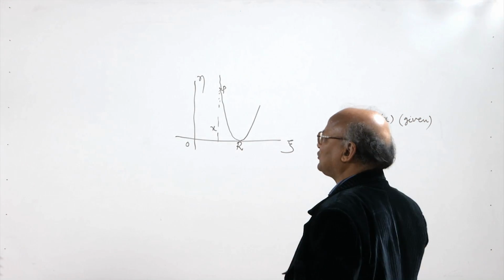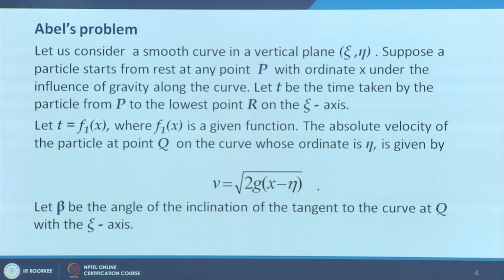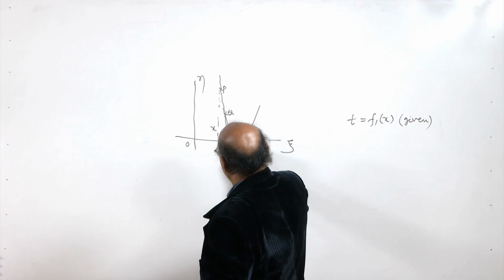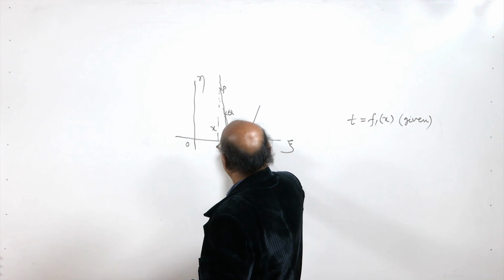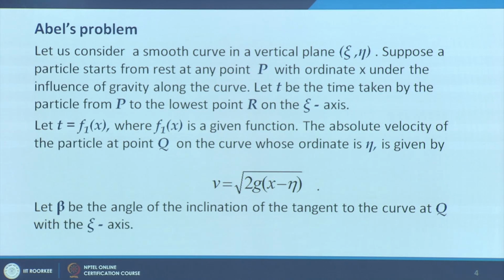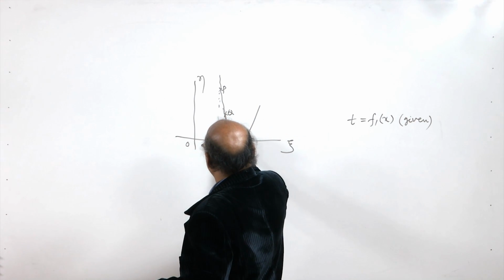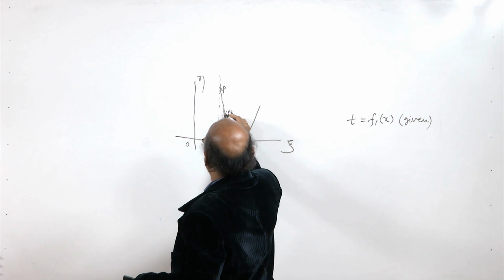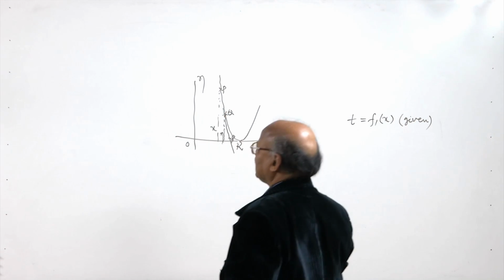The absolute velocity of the particle at a point Q on the curve whose ordinate is eta: the vertical height PQ will be x minus eta.